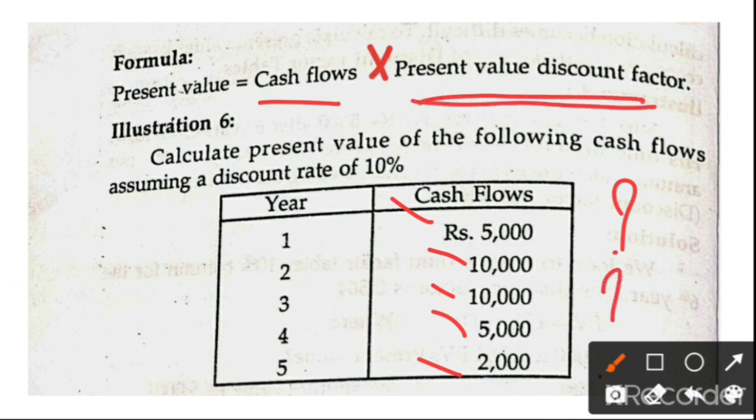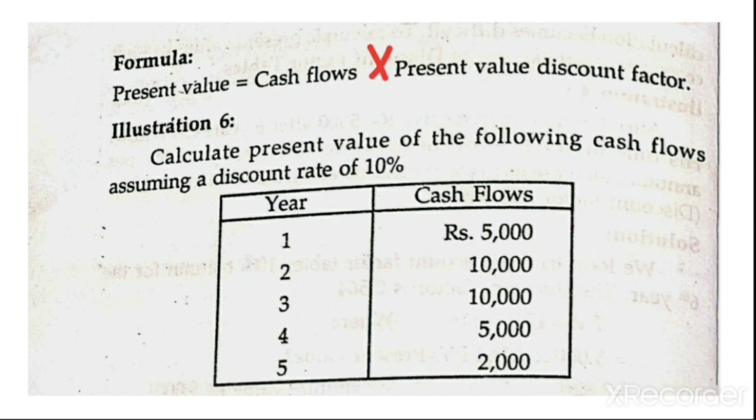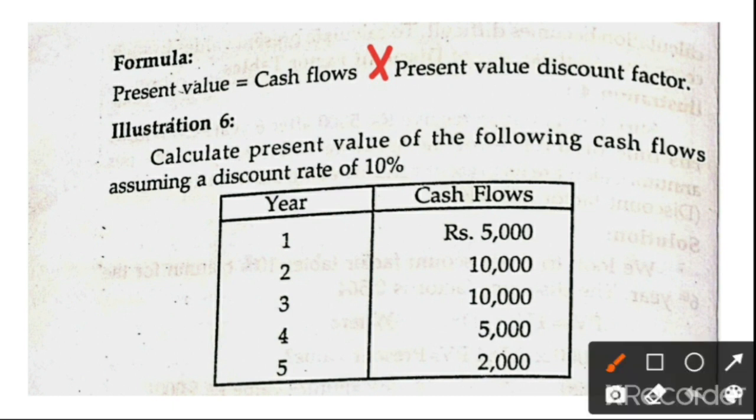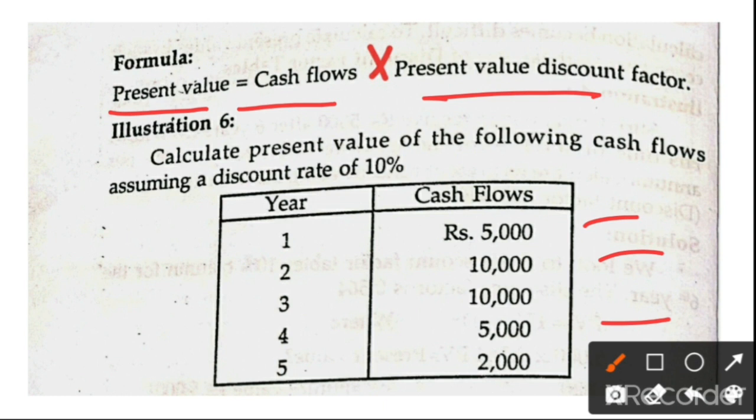First we have to find the discounting factors for the first year, second year, third year, fourth year, and fifth year. After finding the discounting factor for each year, we use this formula and finally we get the present value.